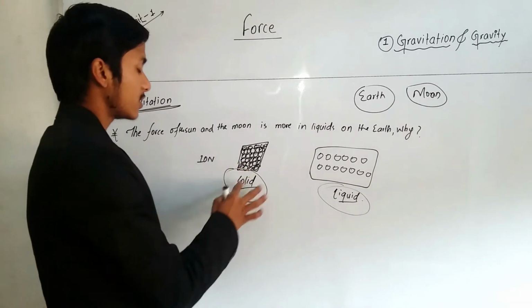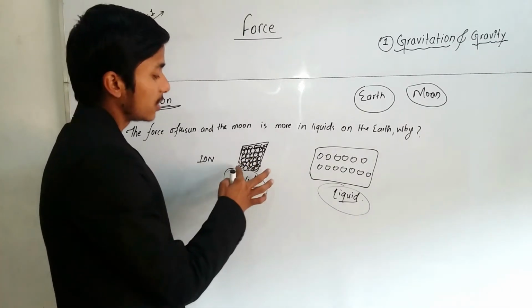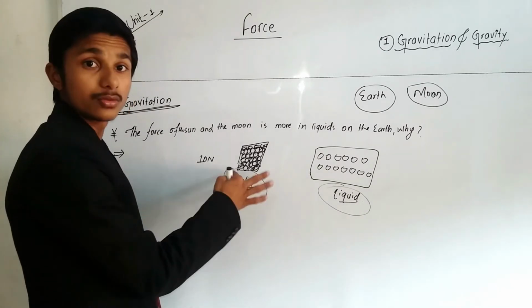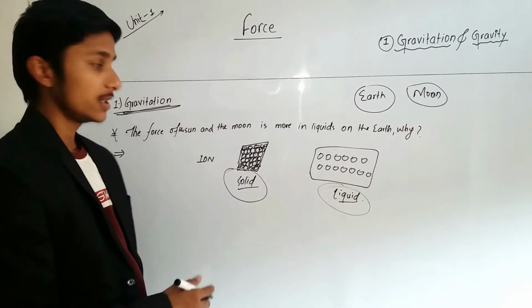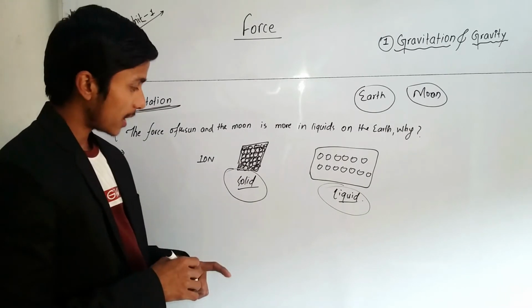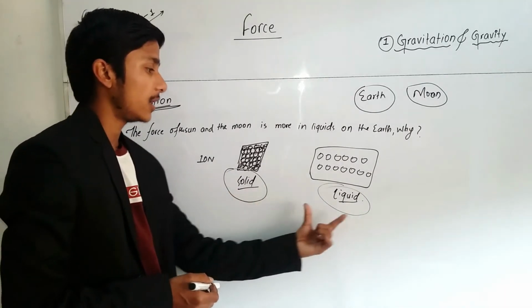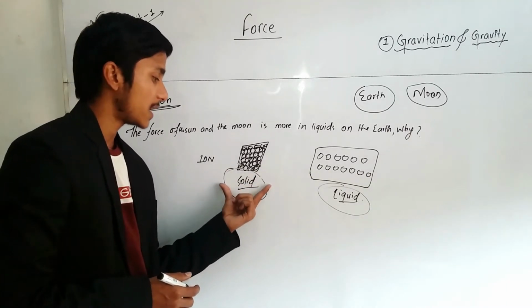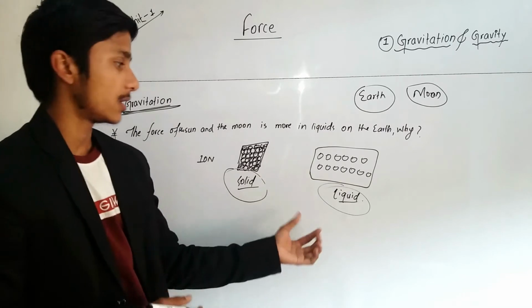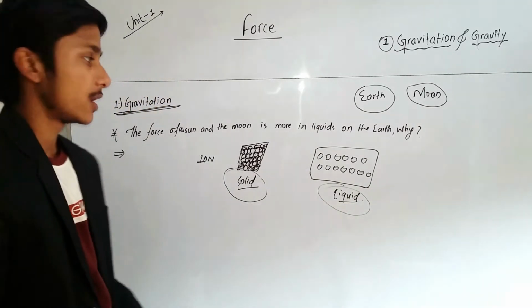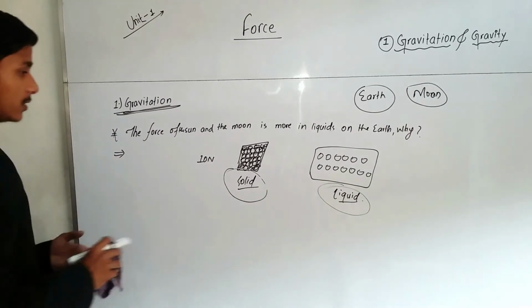The same gravitational force makes the liquid flow instead of changing the shape or size of the solid. It means when I apply the 10 Newton on solid and liquid also, then no change will be in the shape and size of this solid, but liquid flows.